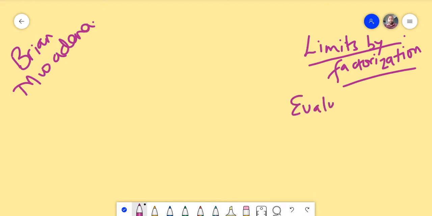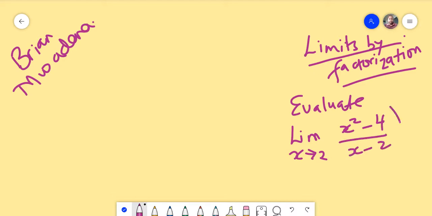So the limit as x approaches 2 of x squared minus 4 over x minus 2. So that is the question.